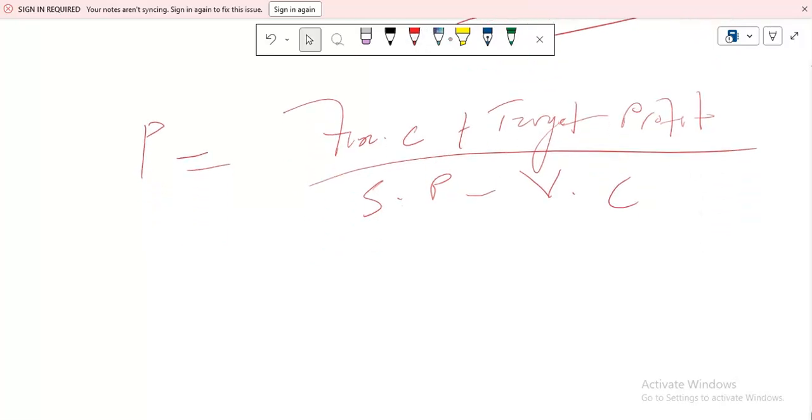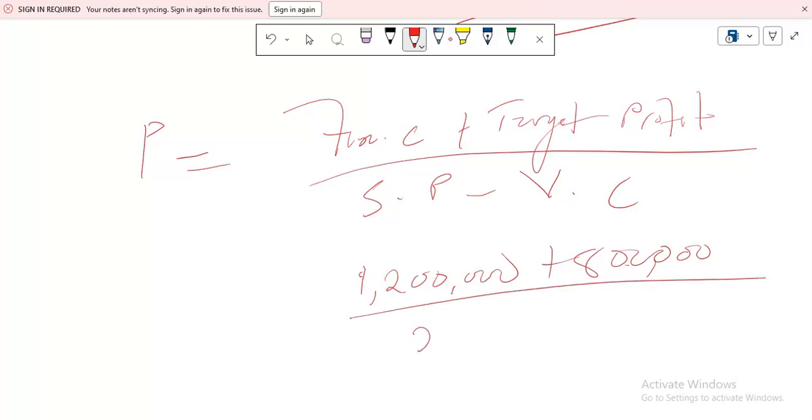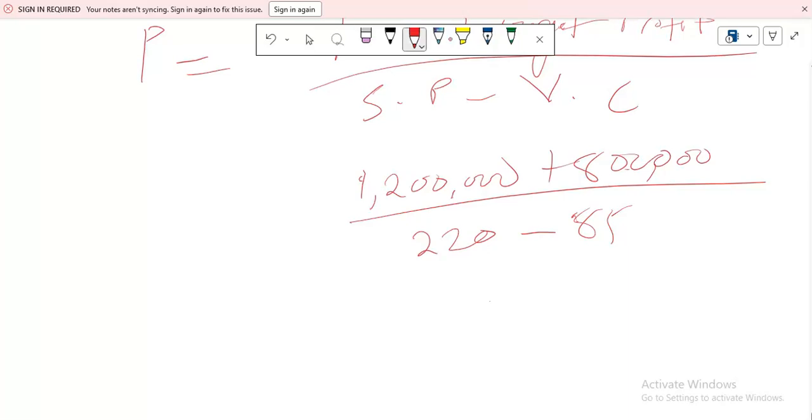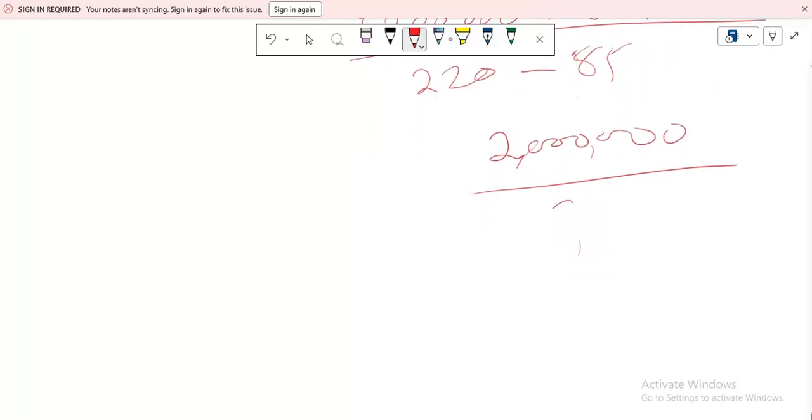Alright, so we already know that we have 1,200,000 as our fixed cost plus 800,000, our target profits, divided by 220 minus 85, which is 135.